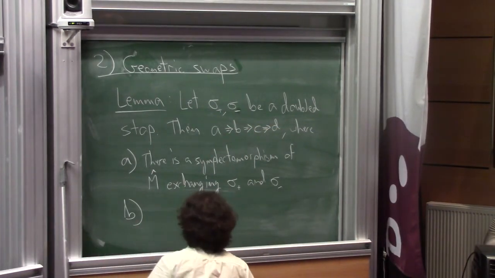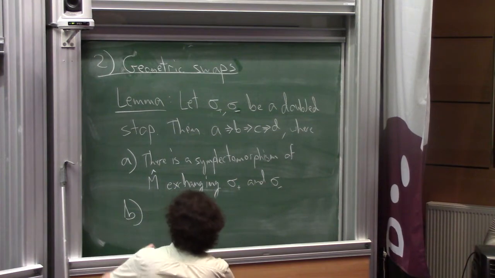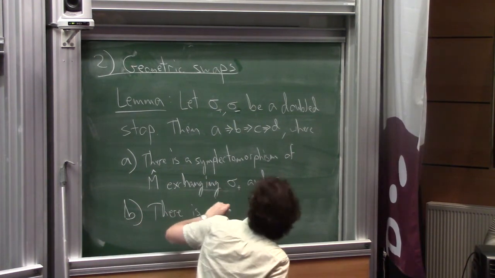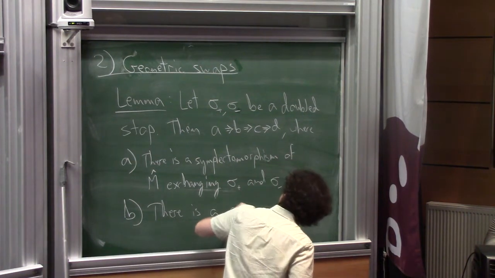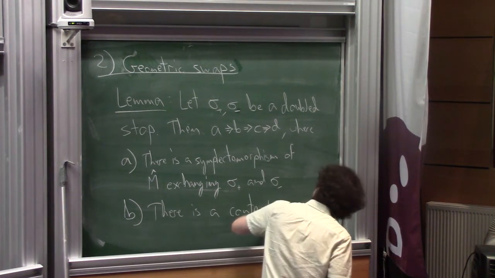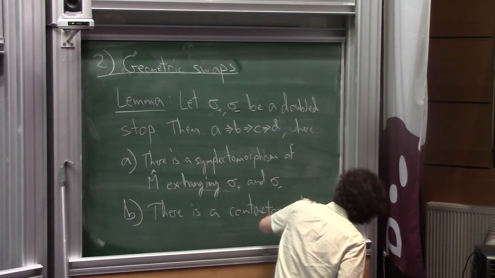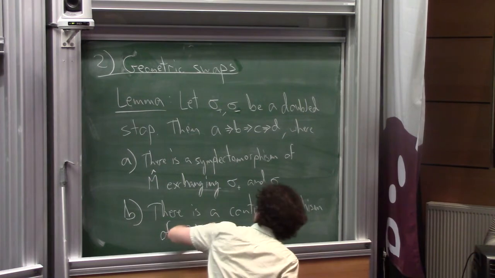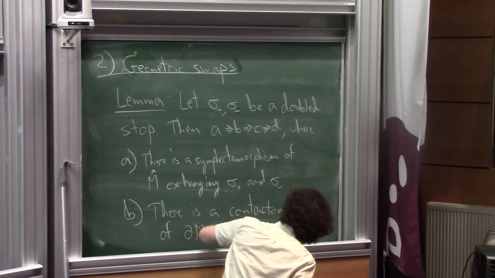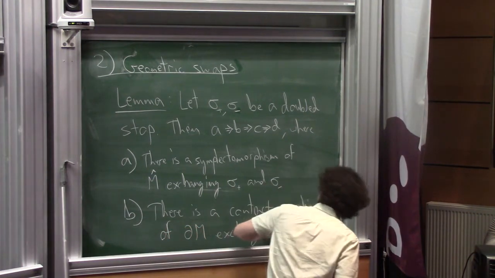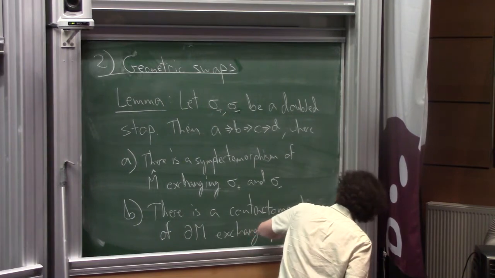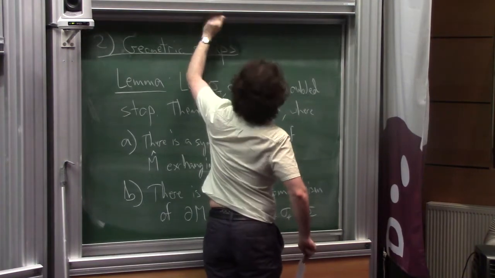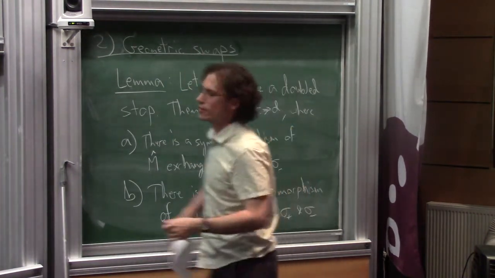B, I'm going to run out of space. Anyway, there is a contactomorphism of the boundary of M exchanging sigma plus and sigma minus. So far, completely obvious. Restrict to the boundary. Can't go any higher. Okay.